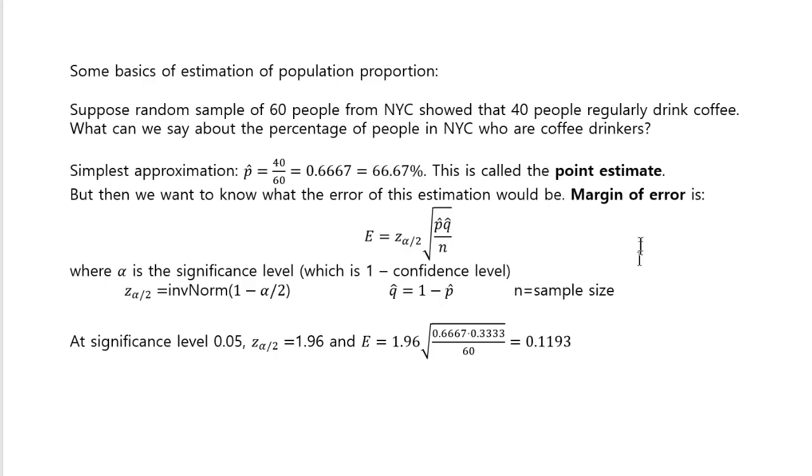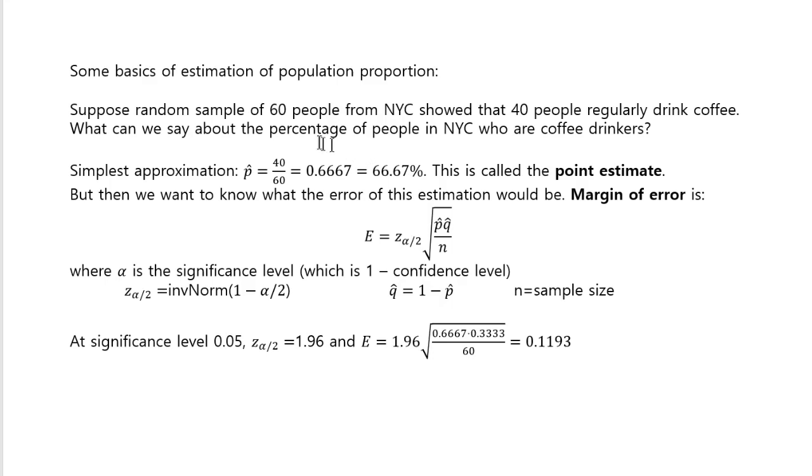But this actually gives you a better idea of how powerful your result is. Another thing is that because n is in the denominator, if your sample size is bigger, the error decreases.